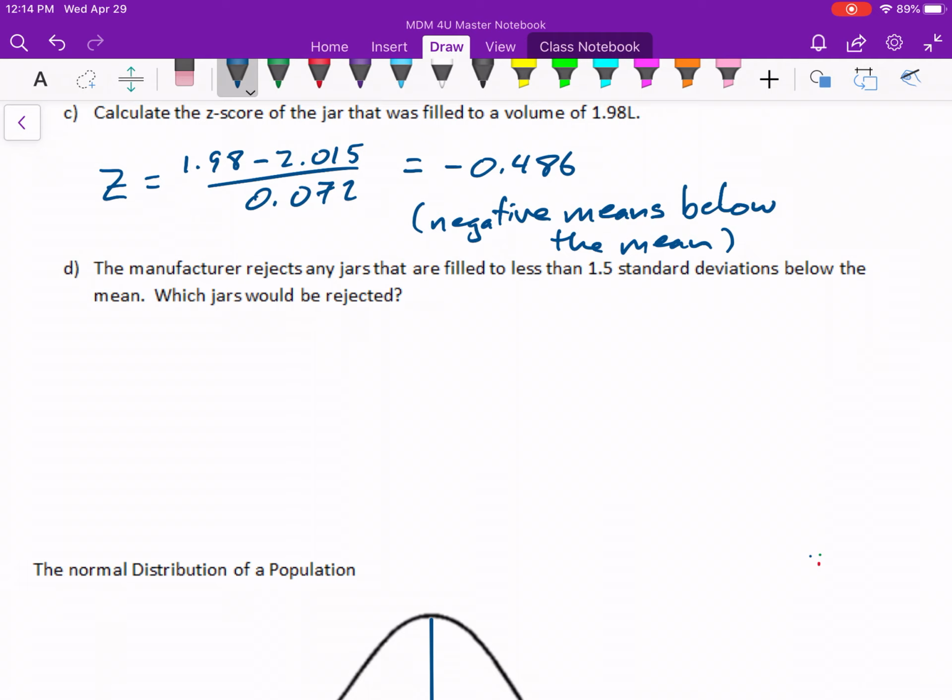So we can do that by taking the Z-score formula and putting 1.5 in for Z, and then we want to figure out what X is.